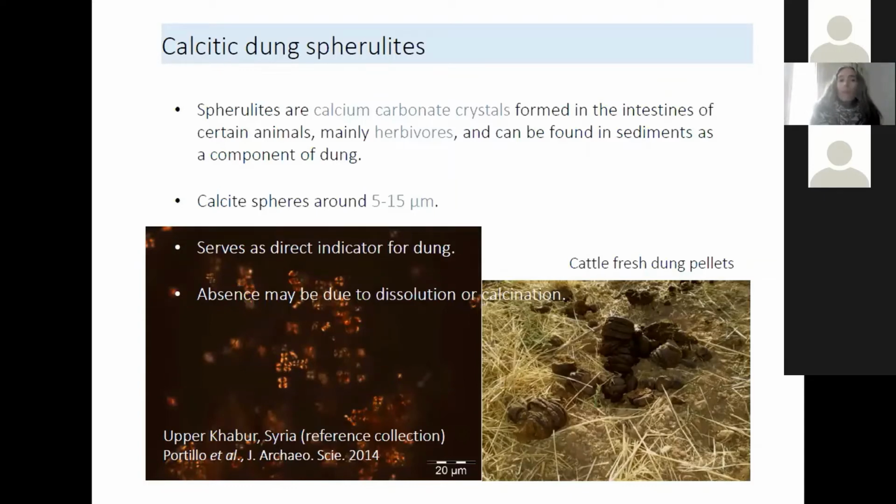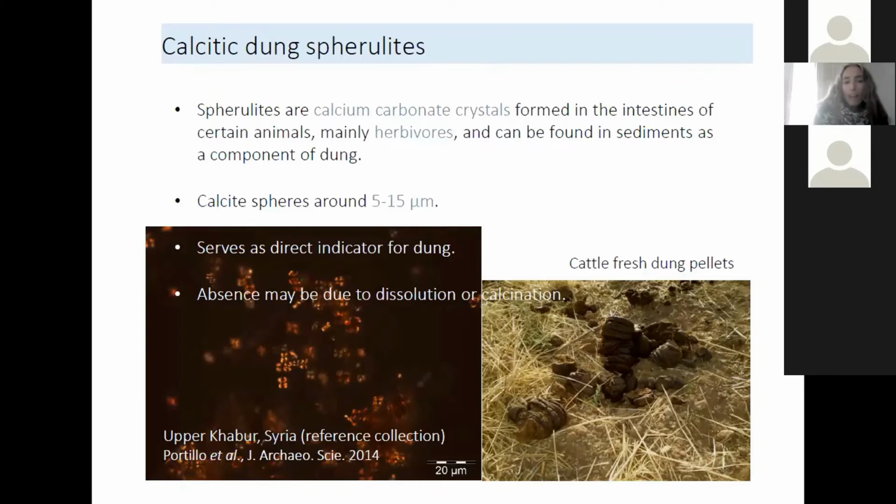As I said, they serve as a direct indicator of dung, but with the caution that these micro remains can be absent because of dissolution or because of calcination at high temperatures. We will see some examples later about experimental burning of the dung.